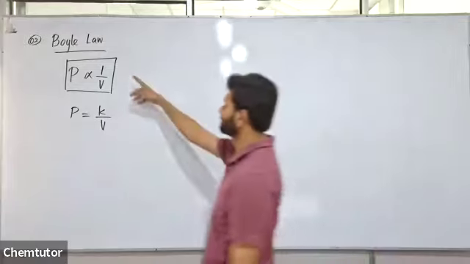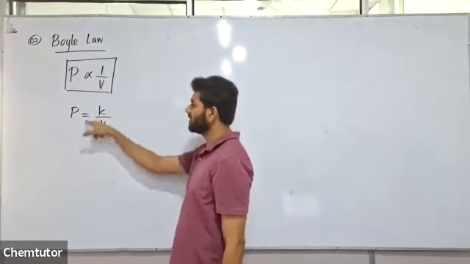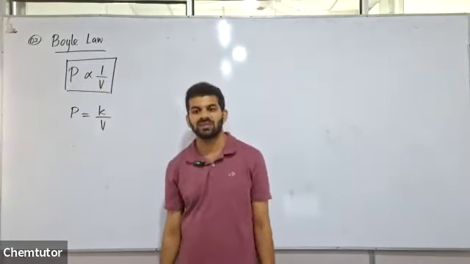You can write it. P is proportional to 1 over V, so P equals constant divided by volume.